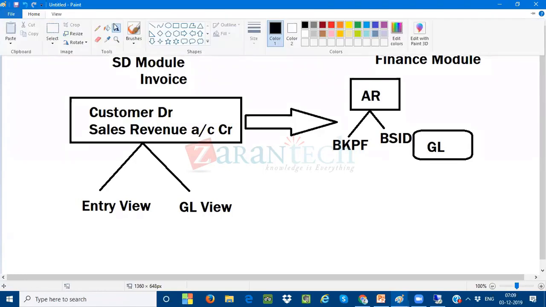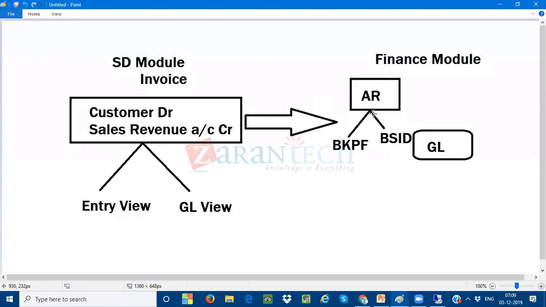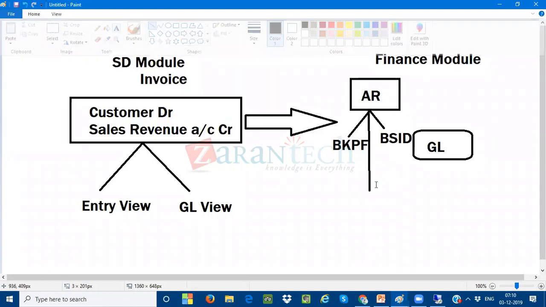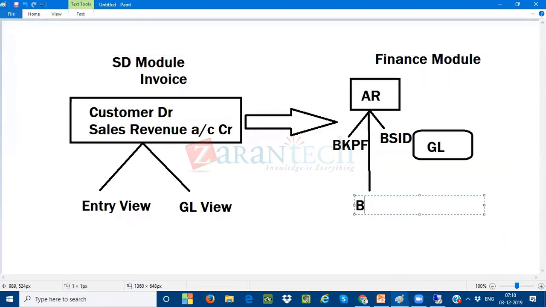And the general ledger view, when I shift the mode from the entry view to the GL view, the GL views are stored in a different table, which is the BSEG table. Very, very important. It is the BSEG table.